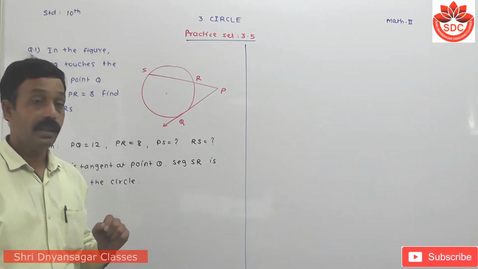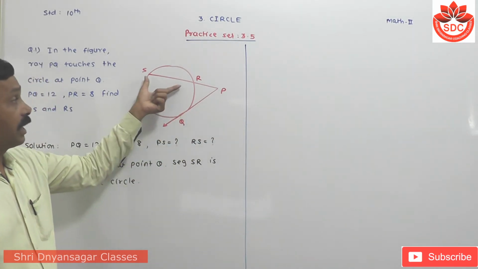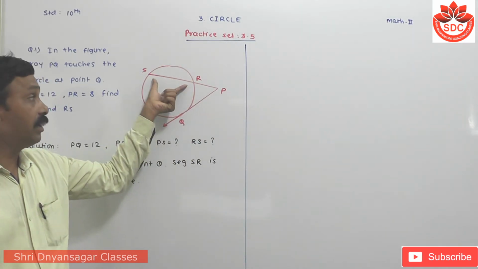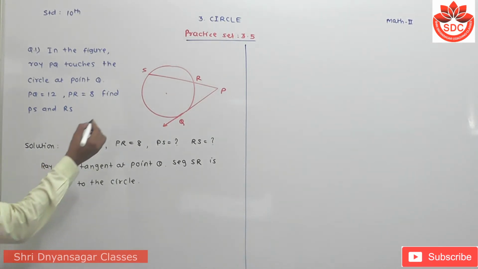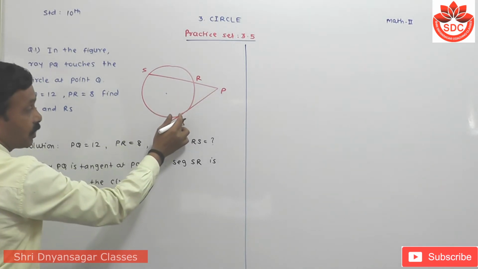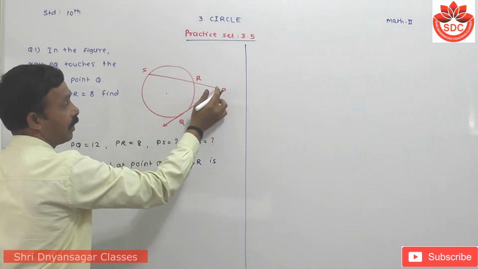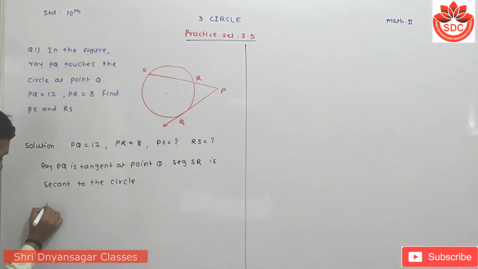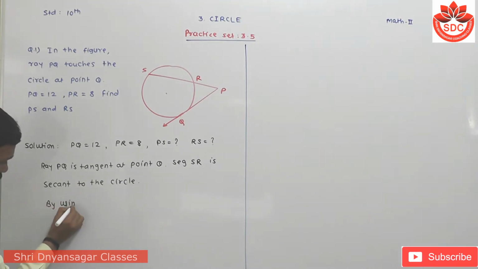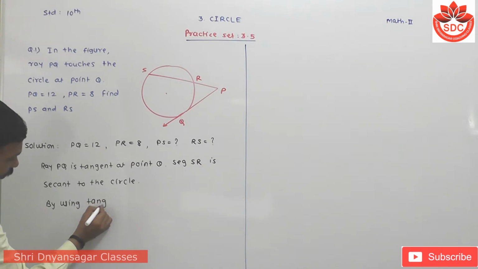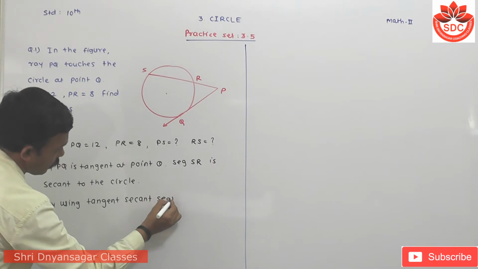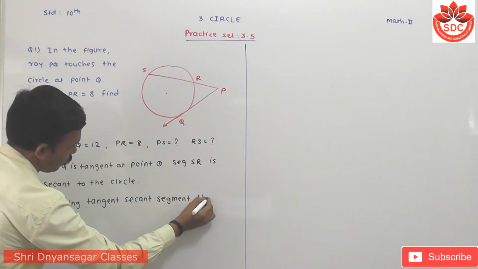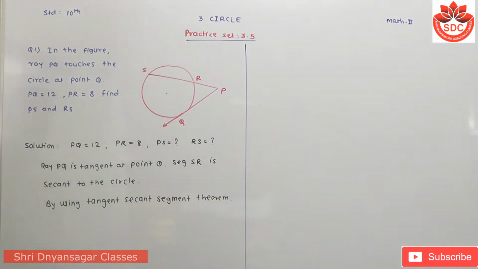So by using the tangent secant segment theorem, which is the last theorem of this chapter, we take PQ square is equal to PR into PS.